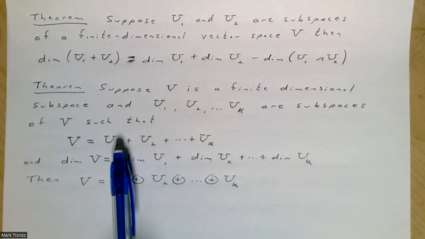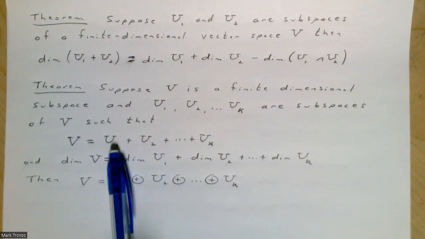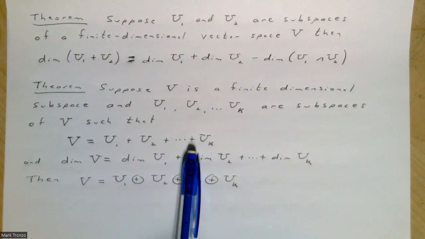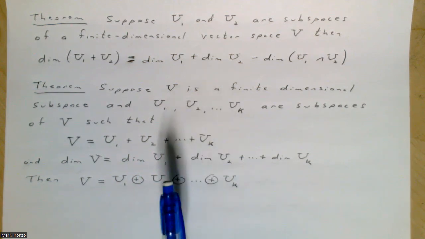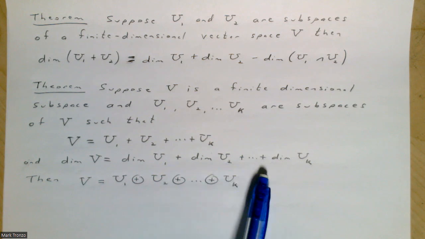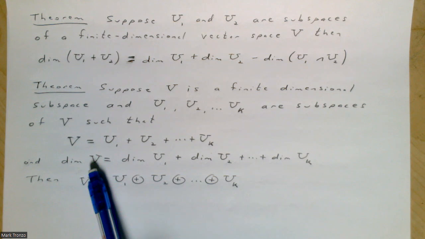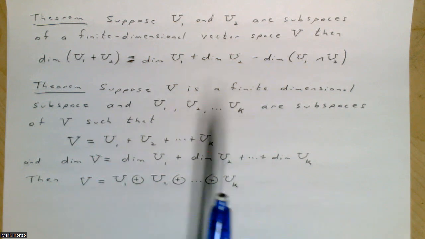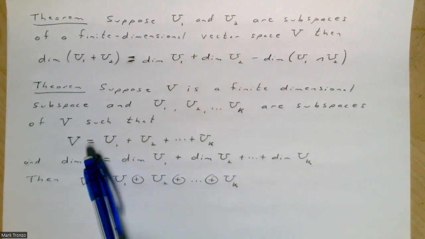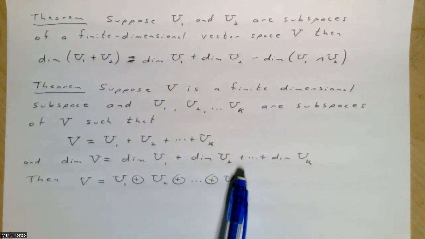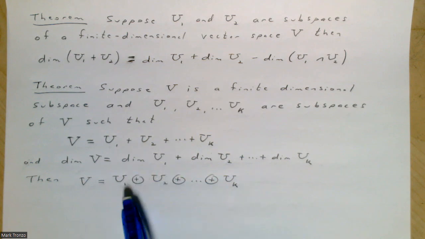Because if one of these was a subset of the other, or if the intersection of any two subspaces was not the zero vector, then the dimensions on the right-hand side could add up to more than the dimension of V. So these two conditions together indicate you have all of V, yet you don't have anything extra. And if you have those two things, then V will be the direct sum of those subspaces.